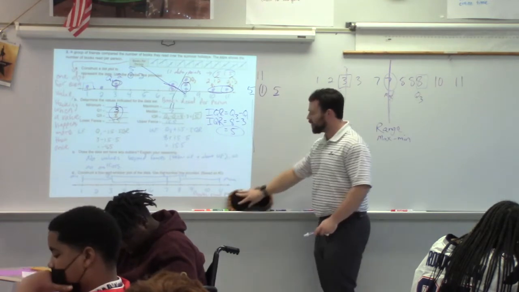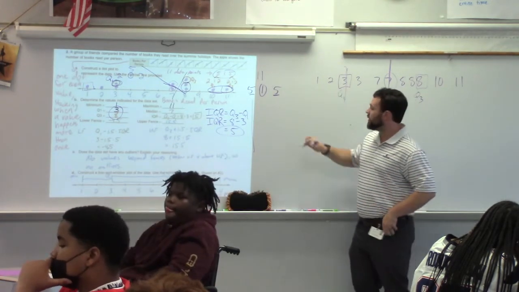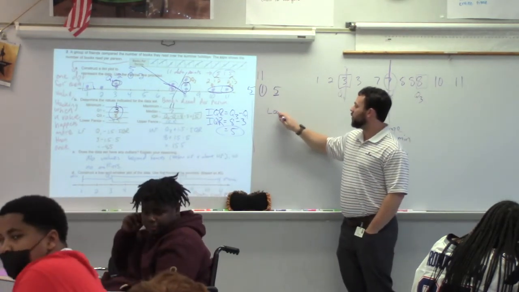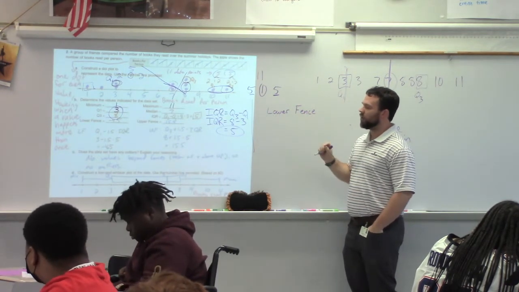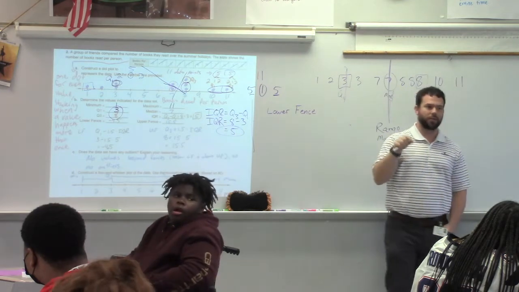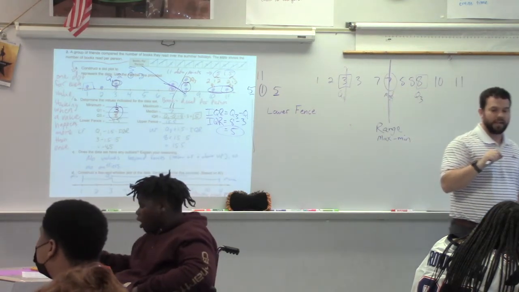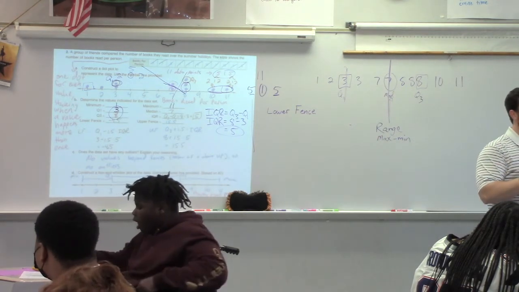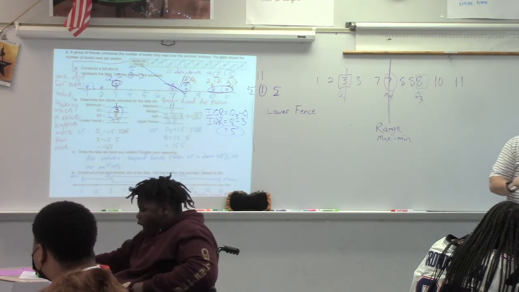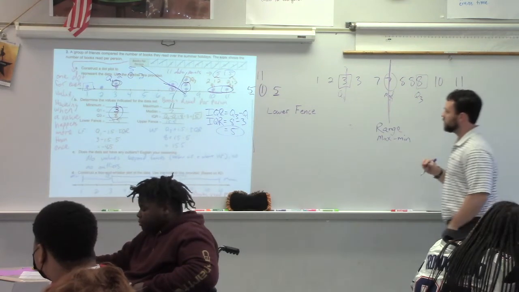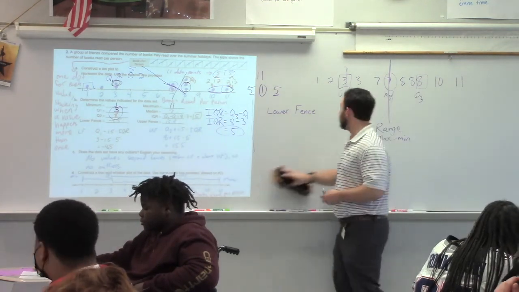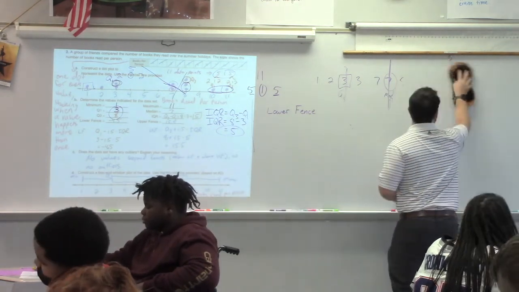So to find a fence, which some of us did pretty well, for a lower fence, the lower fence is based on, well, first off, fences are based on the quartiles. If you need to write that down, make that note. Fences are based on the quartiles.